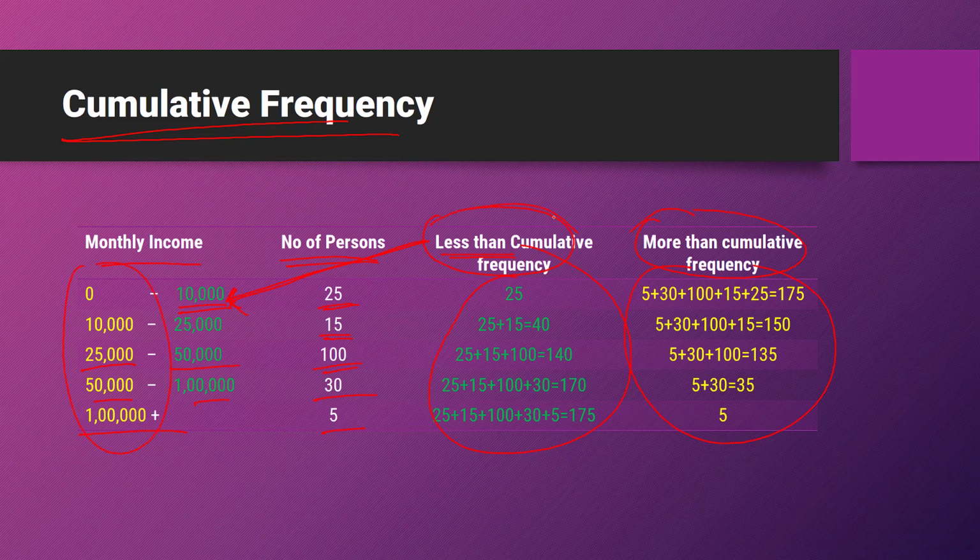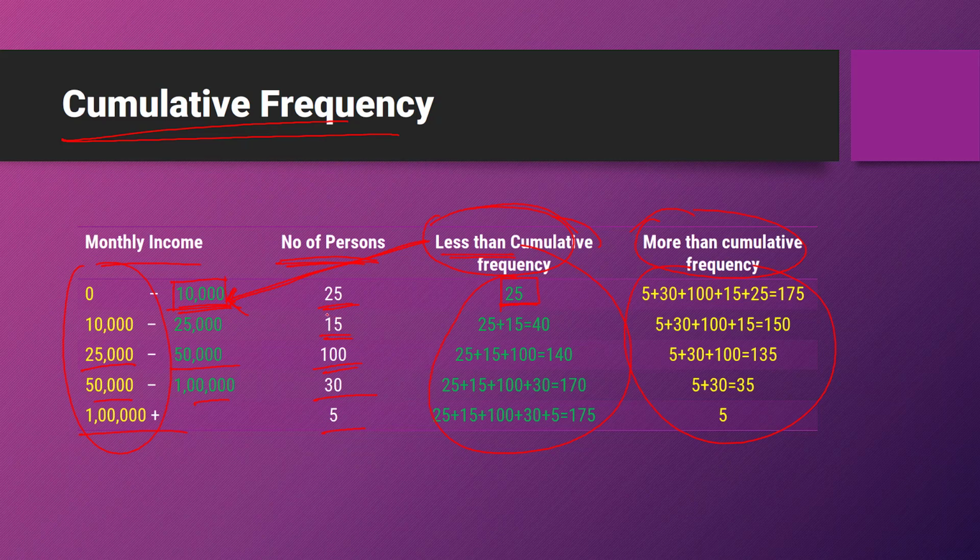So what does less than cumulative frequency mean? It gives you the number of items that have value less than the upper limits. So this 25 represents how many persons have income less than 10,000.